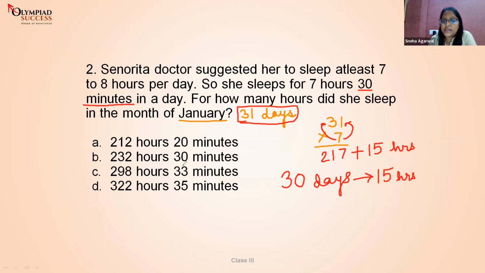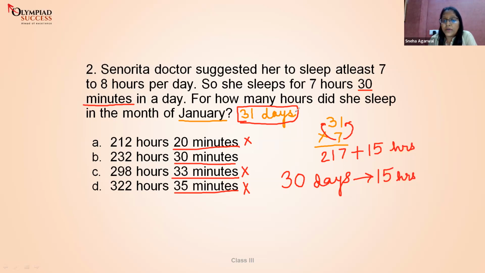So definitely, see, you can go with the option 33 minutes. This cannot be your answer. You have 35 minutes over here. Again, this cannot be your answer. You have 20 minutes over here. So this cannot be your answer. So the only answer is the one with 30 minutes, because you are having an odd number of days, right?